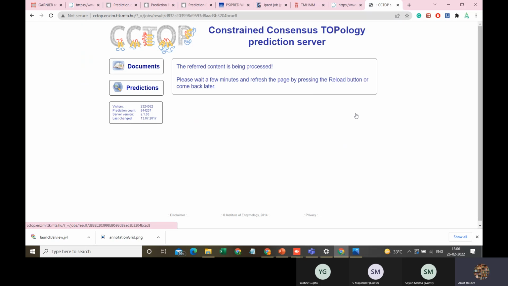Okay, so now this is constraint consistent topology prediction.